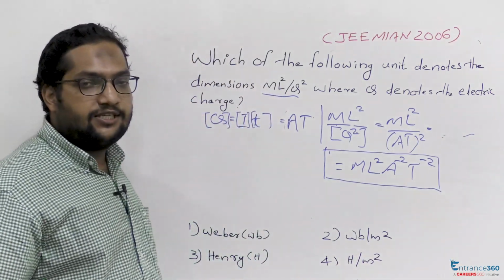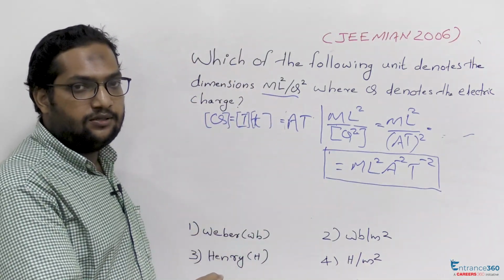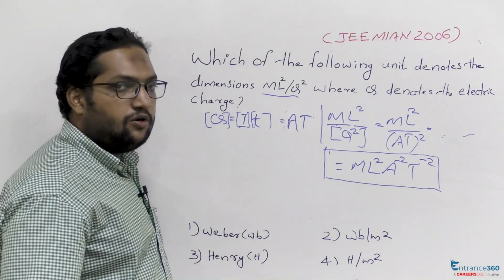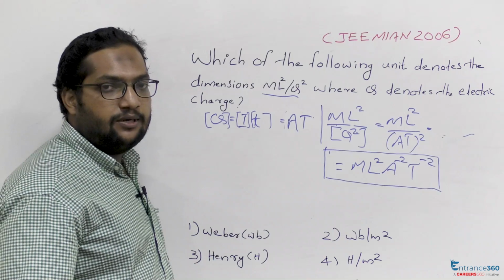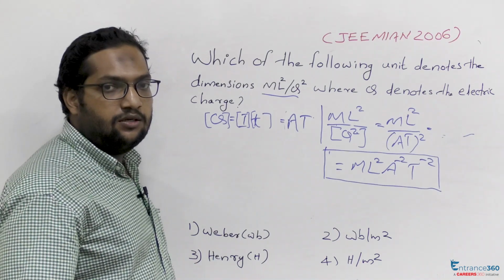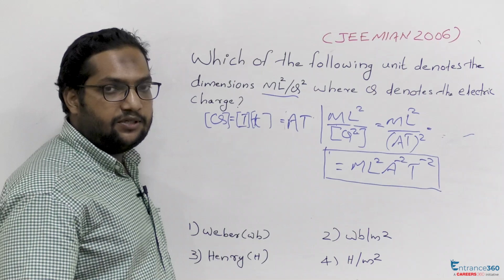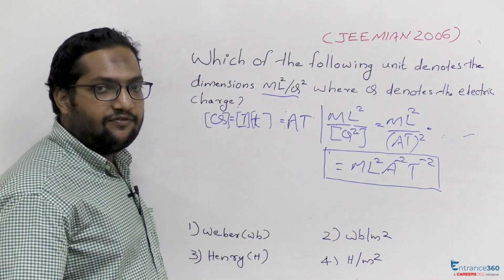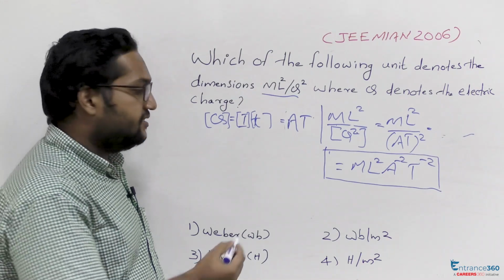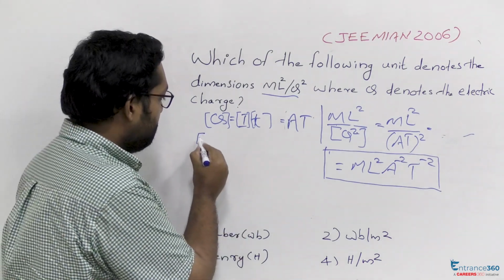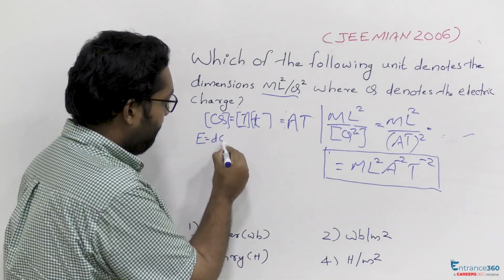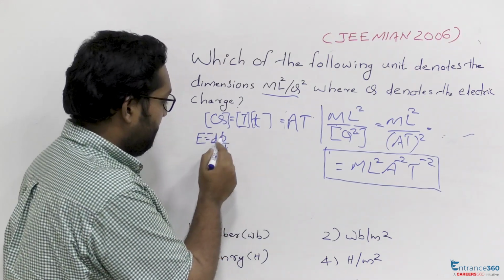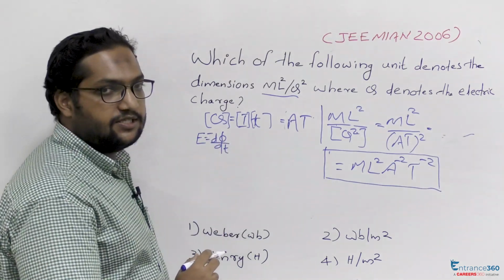So let's check one by one. First term is Weber. Weber is the unit of magnetic flux, which we will study in the chapter Electromagnetic Induction and Alternating Currents. Magnetic flux and EMF are related as E equals minus d phi by dt, where phi is the flux.